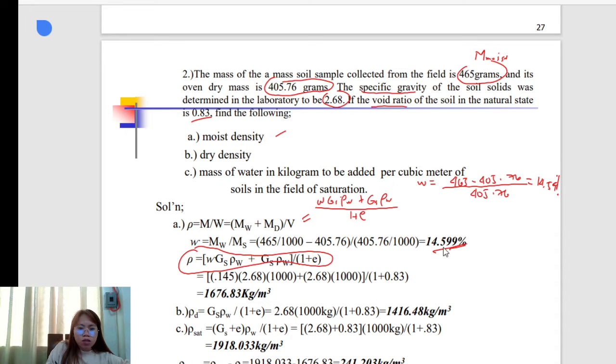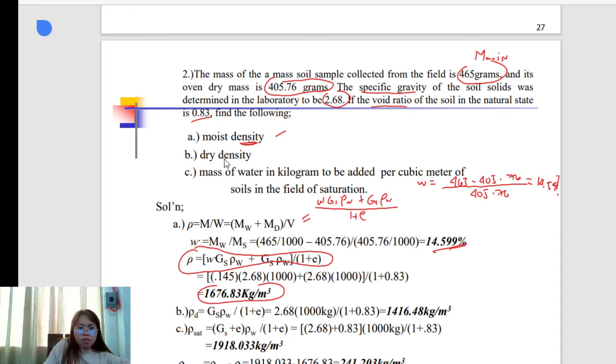So substitute 0.14 times the specific gravity given, 2.68, times, since we are required to determine the density, not the unit weight, we have to use the density of the water, in kilograms per cubic meter, that is 1000, plus the specific gravity 2.68 times 1000 divided by 1 plus the void ratio equal to 0.83. So the answer now for the moist density is equal to 1676.83 kilograms per cubic meter.